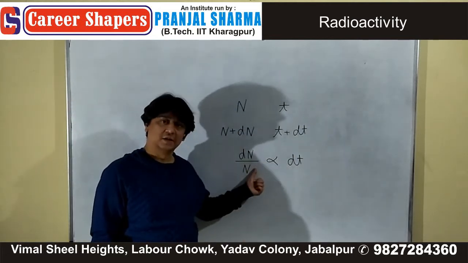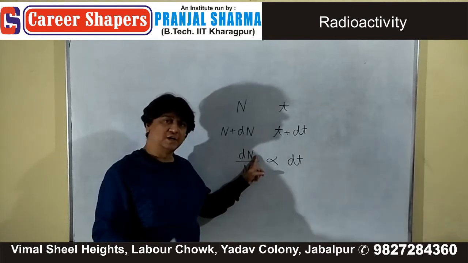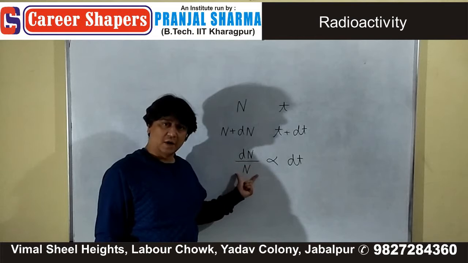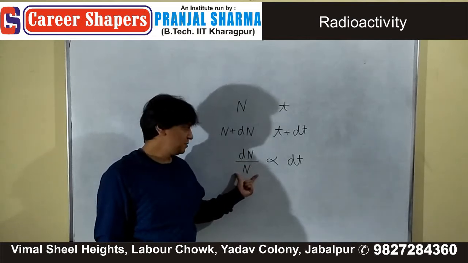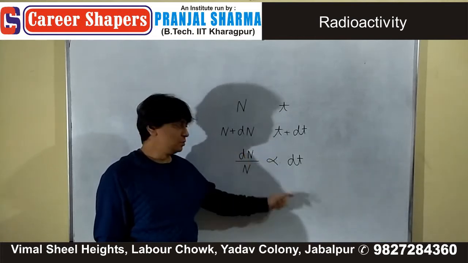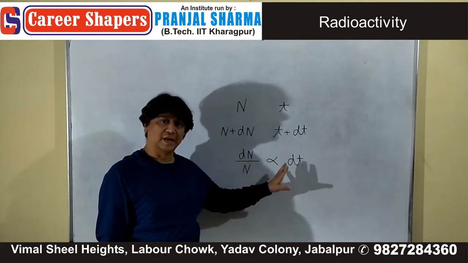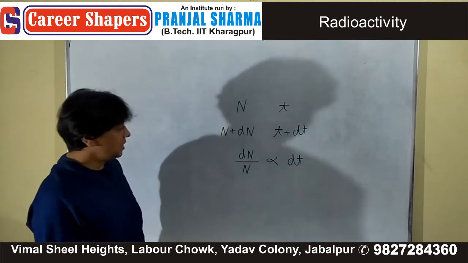What is it? dN, the number of nuclides which are disintegrating, divided by the total number of active nuclides present at any time, is proportional to the time interval in which this whole disintegration took place, which is dt.